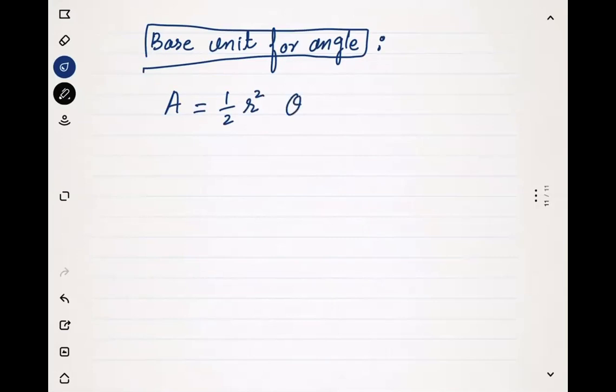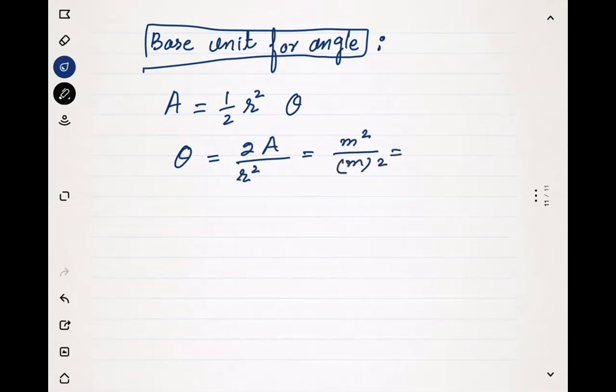If we make theta the subject of the formula, theta is equal to 2 times area over r square. 2 has no unit, area has unit of meter square, and r has a unit of meter.